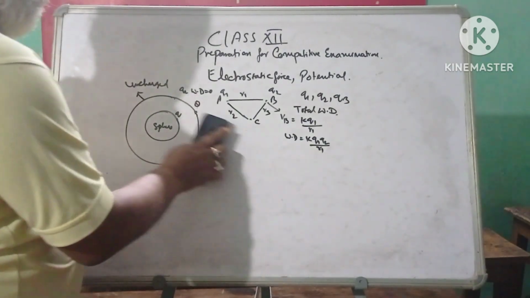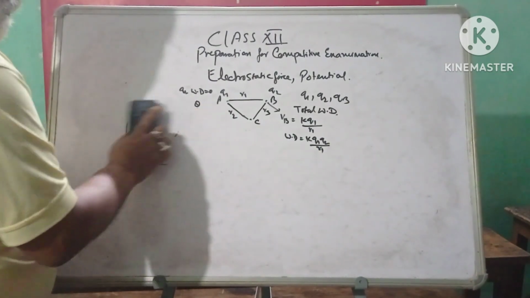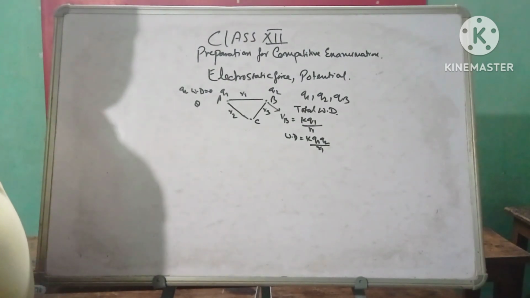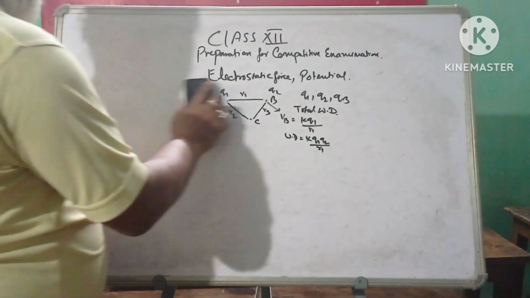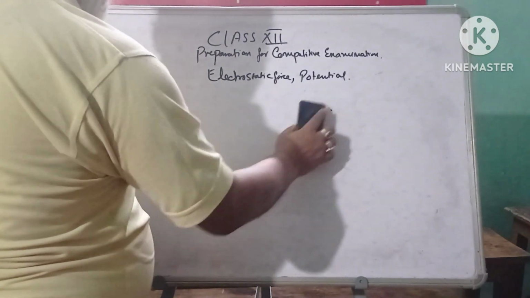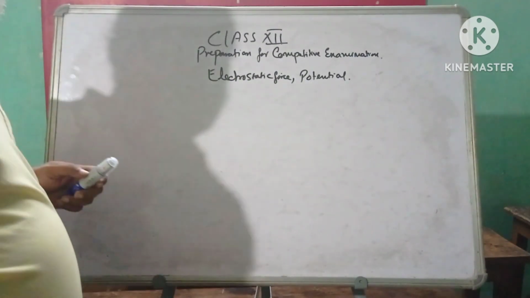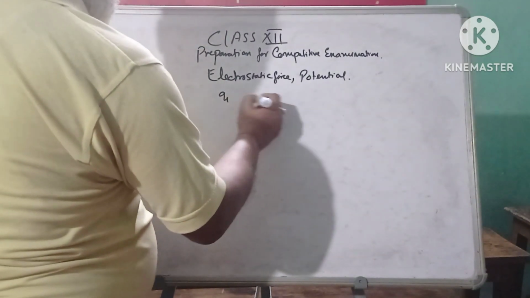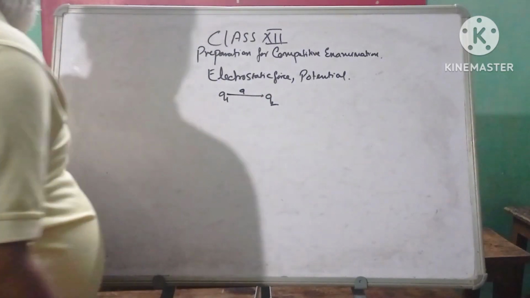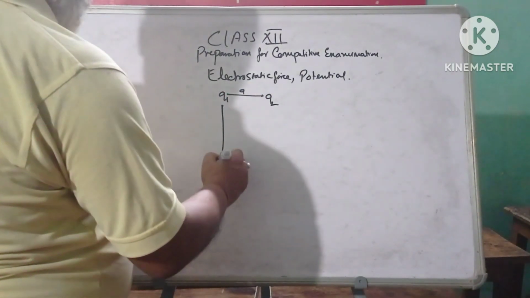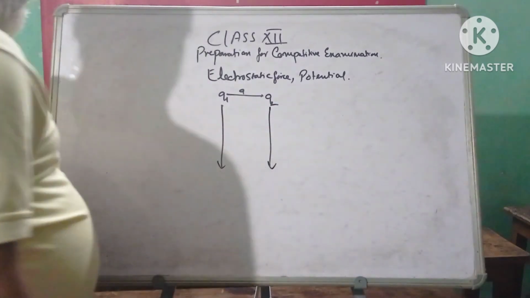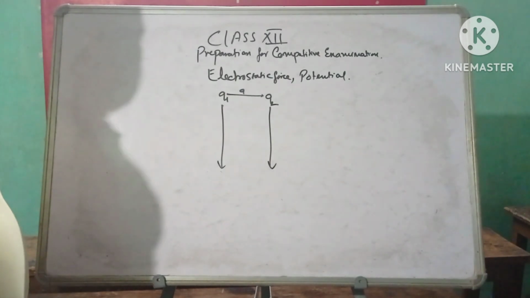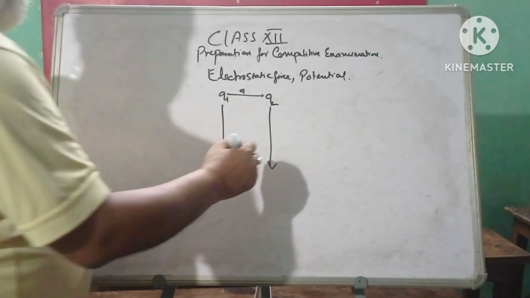Let us move to another topic. Let there be charges Q1 and Q2 separated by some distance A, and they are let to fall freely under gravity. Now the question arises, what will be the maximum velocity?